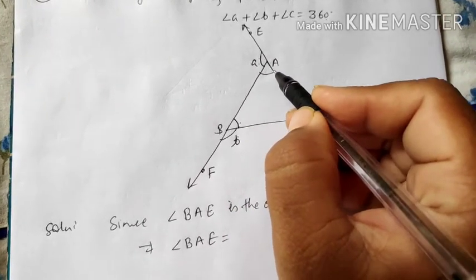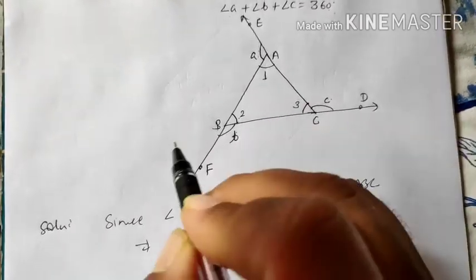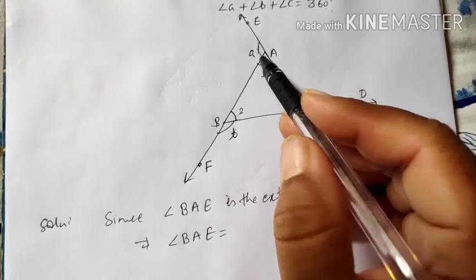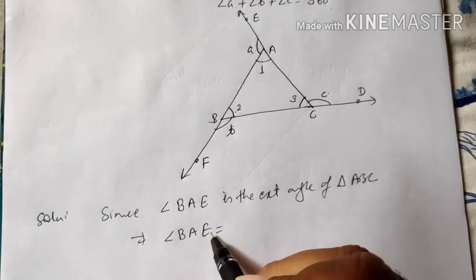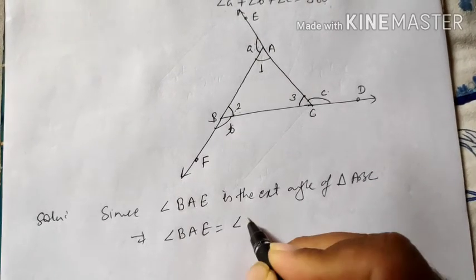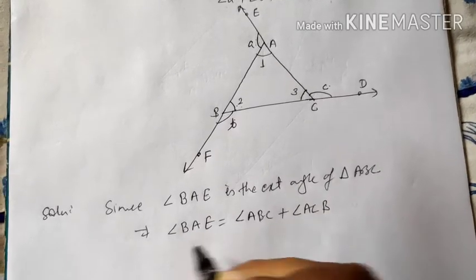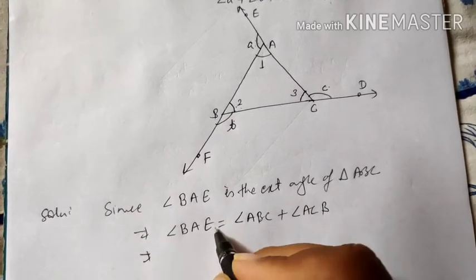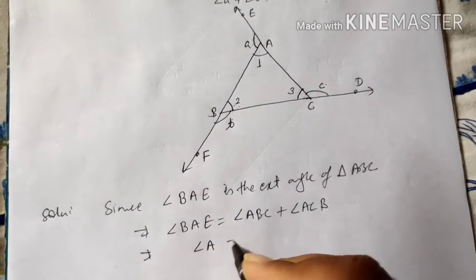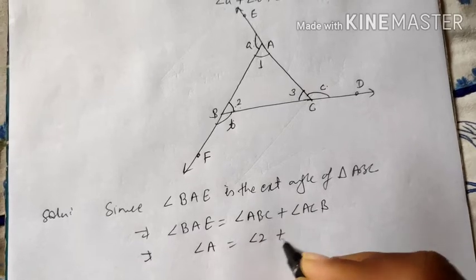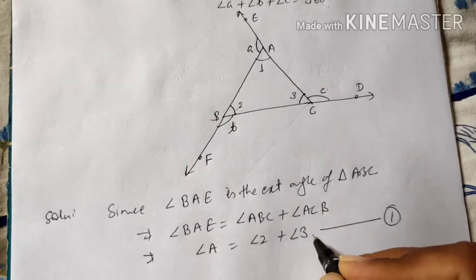And for convenience, we may write them as angle 1, angle 2 and angle 3. So here angle A must equal angle 2 plus angle 3.